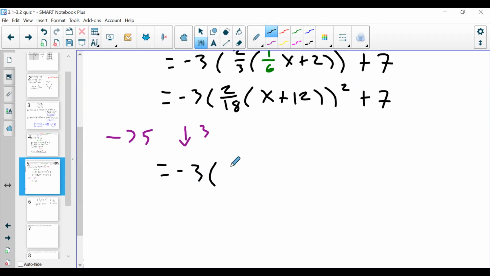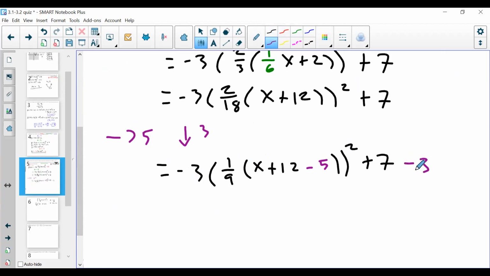That 2 over 18 you can reduce to 1 over 9. Then I have x plus 12. I'm going to the right 5, which is always a little weird, so it's minus 5, all squared, plus 7. I'm going down 3, so it's minus 3. Everyone okay with that? Are we good?